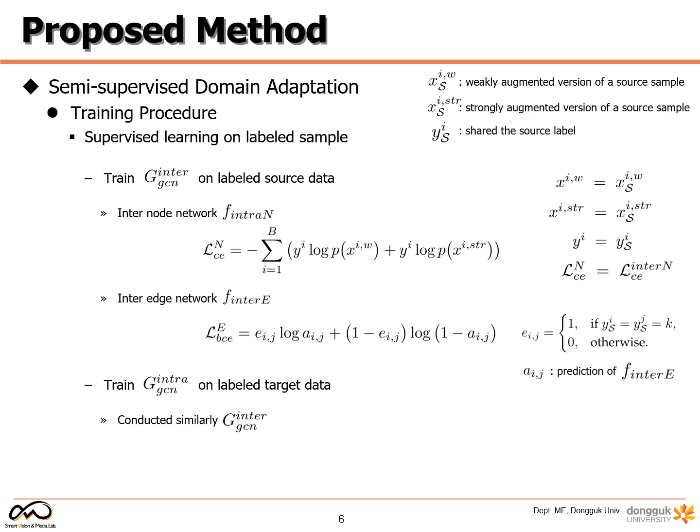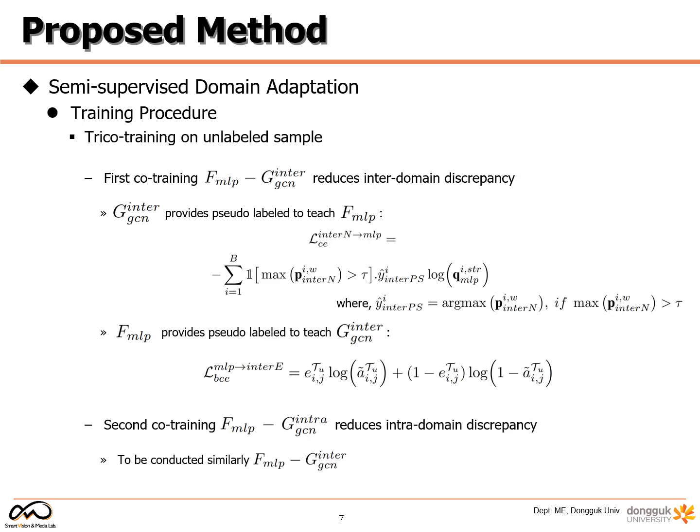In the second stage, I propose a Trico training strategy. In the first co-training strategy, I employ the coordination between the MLP classifier and the inter-ZCN classifier to address inter-domain discrepancy.